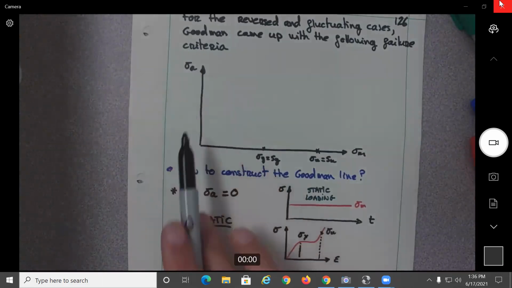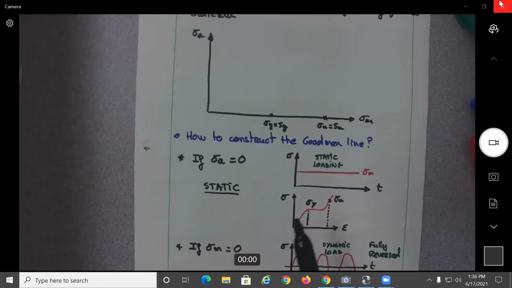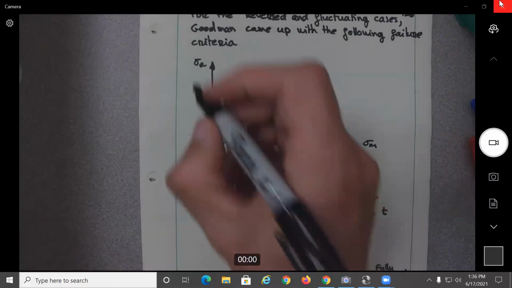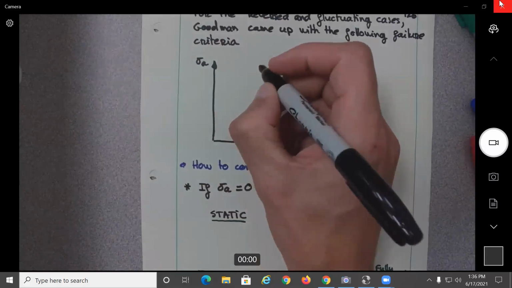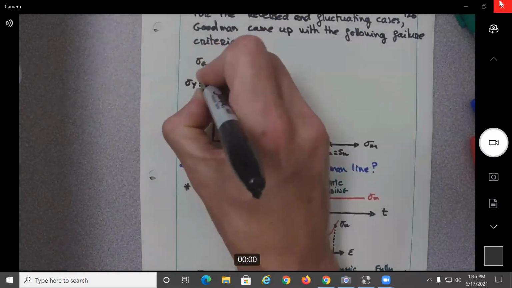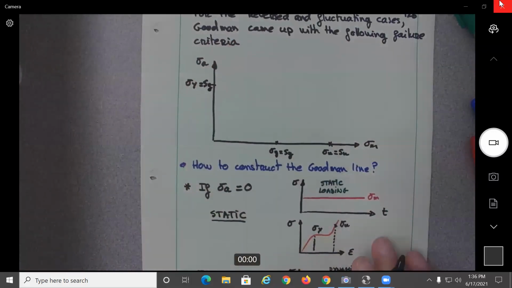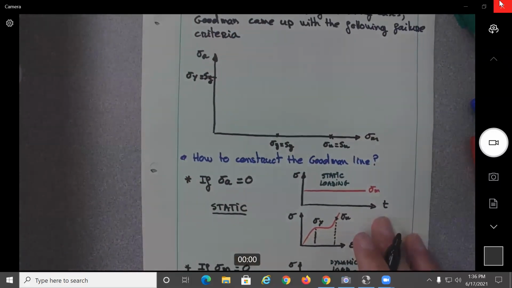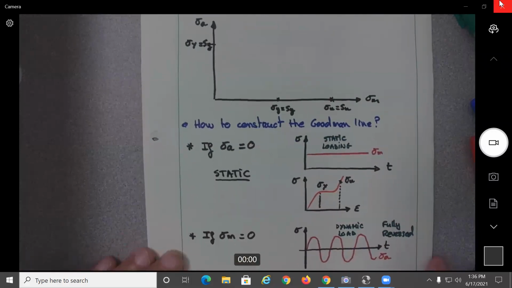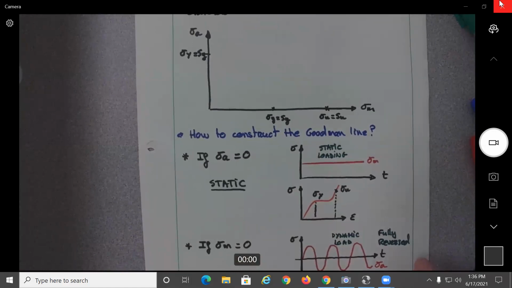Sigma alternate. So let's say in this case, you are doing a static case or a very conservative case, that you assume this is going to fail at the yield value. Or let's say you have some data, which I will define in a little bit.